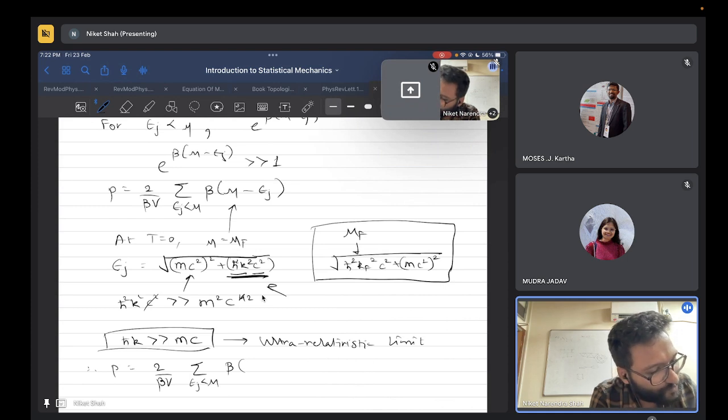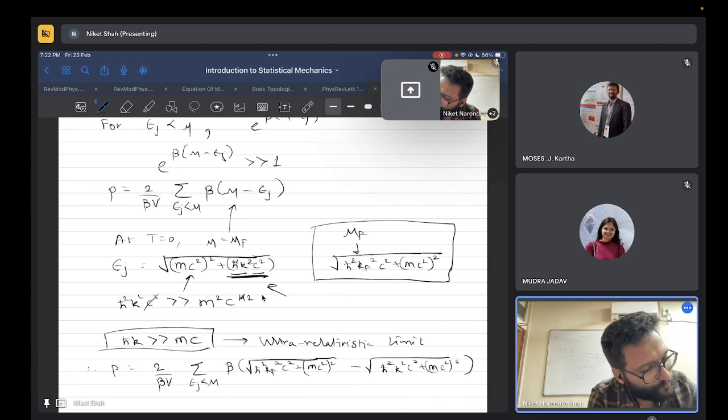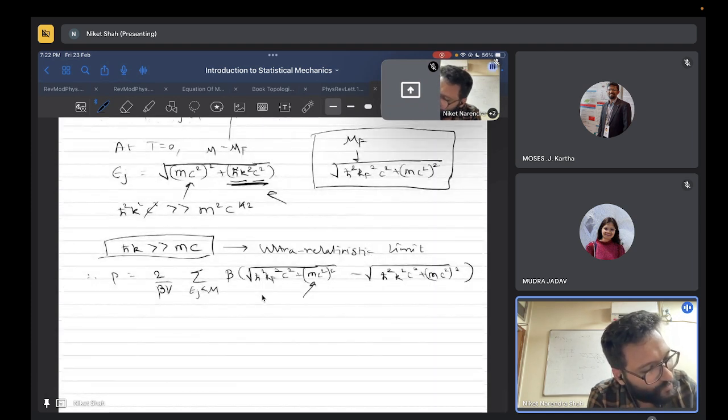So I will have two expressions here: the square root of h bar square kf square c square plus mc square the whole square, minus the square root of h bar square k square c square plus mc square the whole square. Now I will ignore the mass into c square part because it's the ultra-relativistic limit.